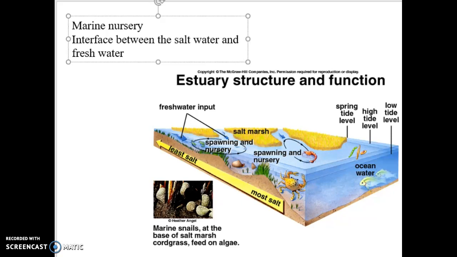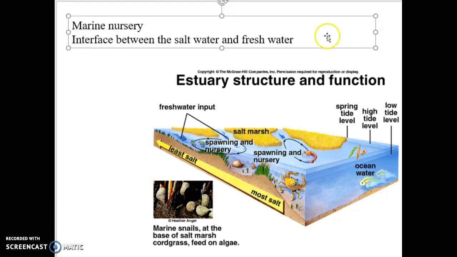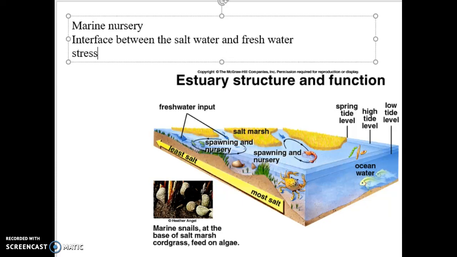Okay, so this is right at the mouth of the river as it empties into the ocean. Challenging environment, because at high tide, you're really salty. At low tide, you're really freshwater. And that changes hourly. As the tides go in, the tides go out, that is changing. So it's a pretty stressful environment. But it is an incredibly important one.